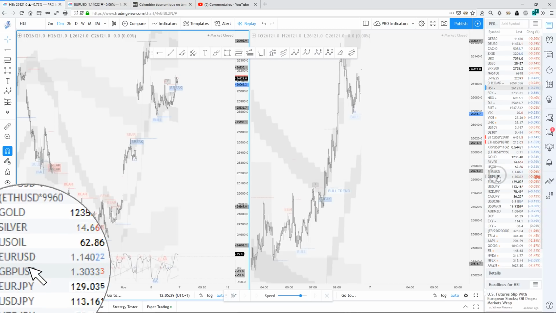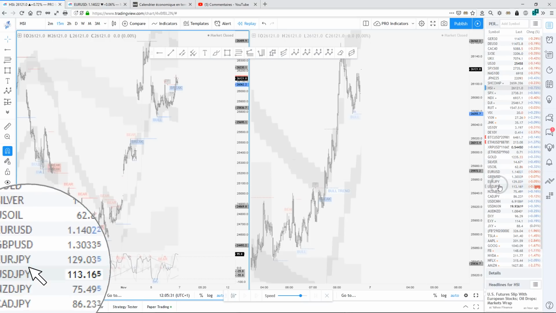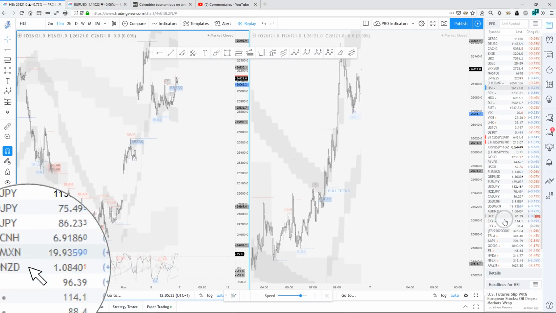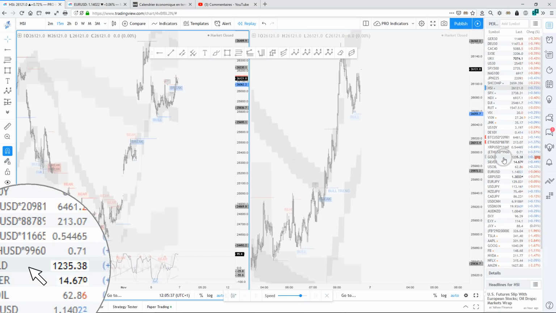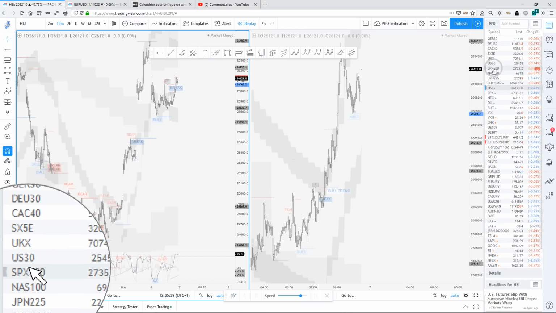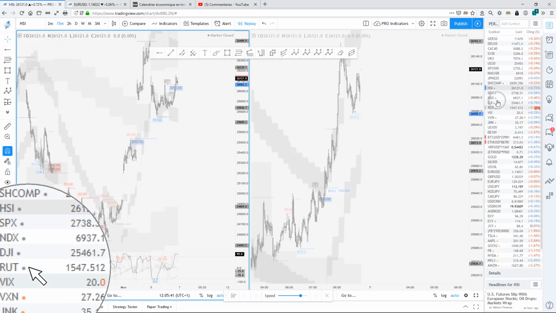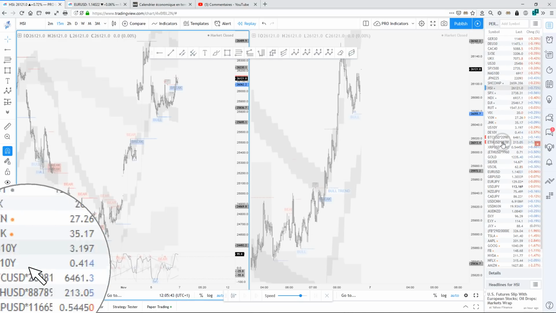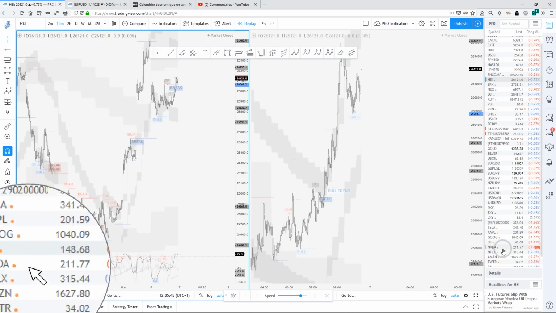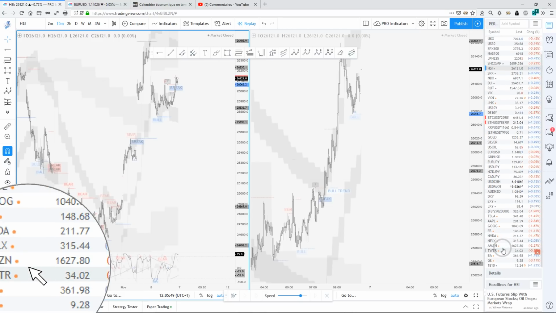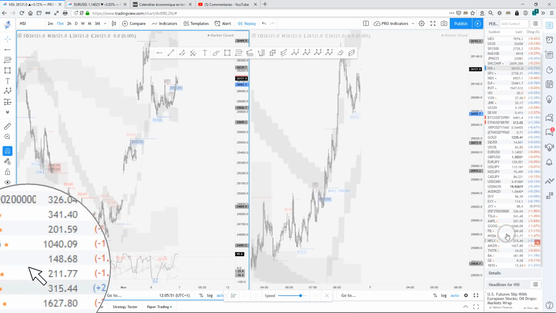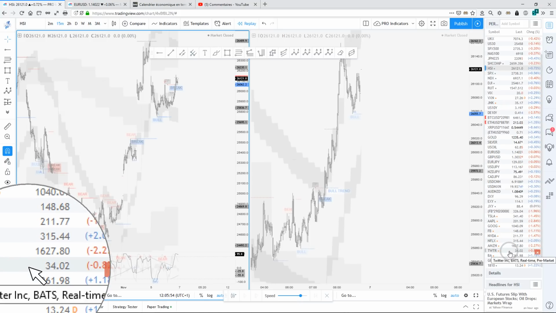I would say Euro dollar, GBPUSD, Euro yen is acceptable, USDJPY is okay, all the rest is too low. Trading gold is not possible, not liquid enough. Trading bonds neither. US indices are possible. Stocks themselves are pretty much impossible, or you can trade the big stocks like Apple, Nvidia, things that have liquidity.